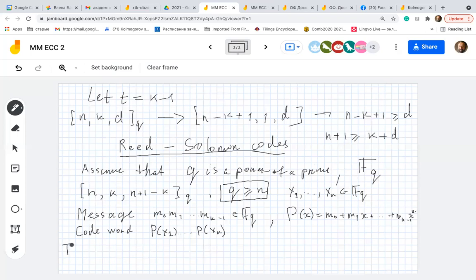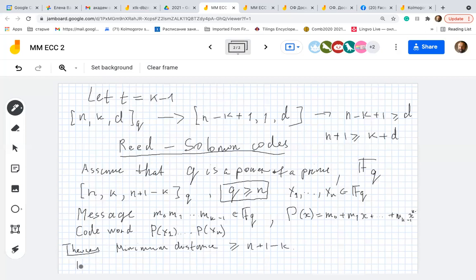So let's call it a theorem. The minimum distance is at least n plus 1 minus k.